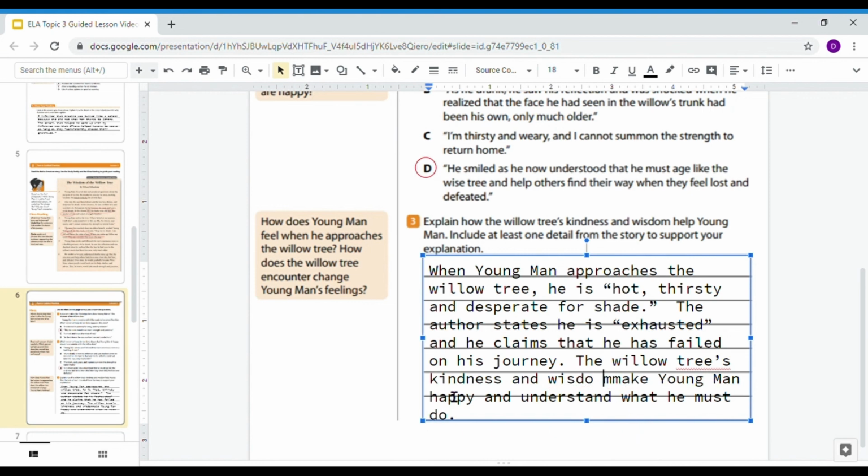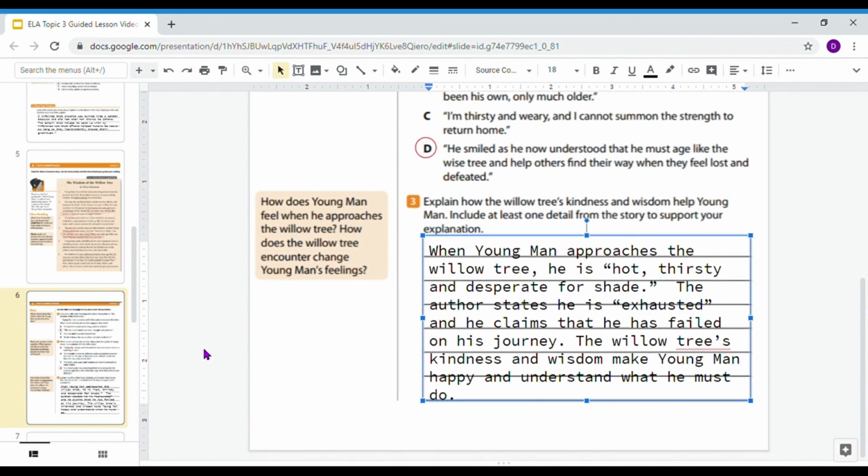So he started off as hot, thirsty, and desperate, and in the end, they use words to describe him like happy and smiling, and he understands that he's got to be patient and knows that that's what he's got to do.